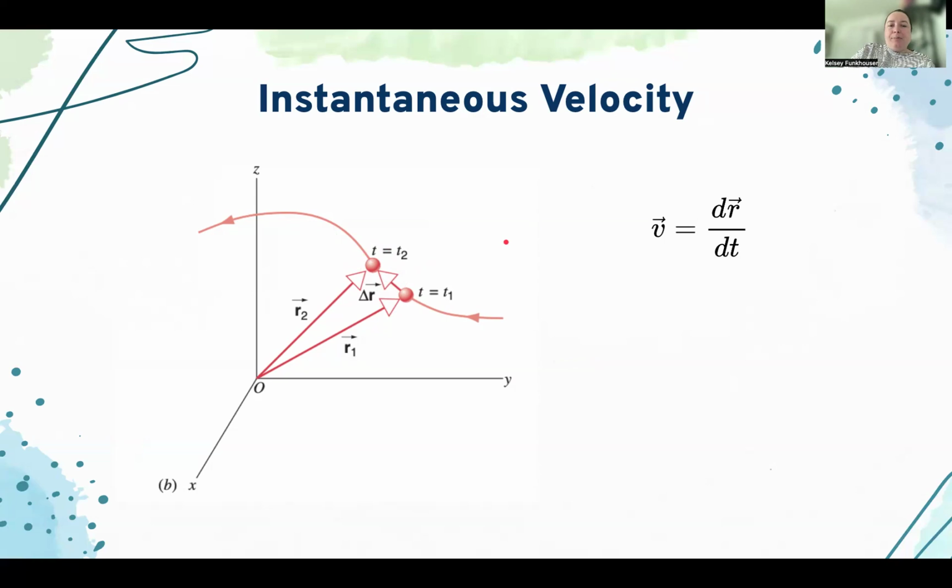As the time interval approaches 0, instead of change in position over change in time, we need the derivative of the position with respect to time. This is what gives us instantaneous velocity, and we will refer to this as just regular velocity. Average velocity will still be referred to as average velocity.